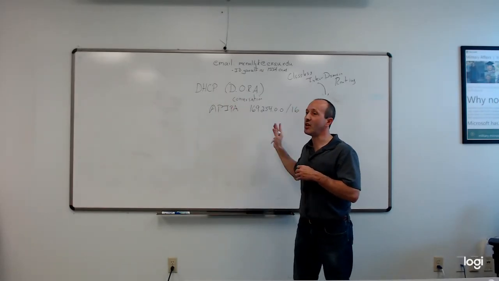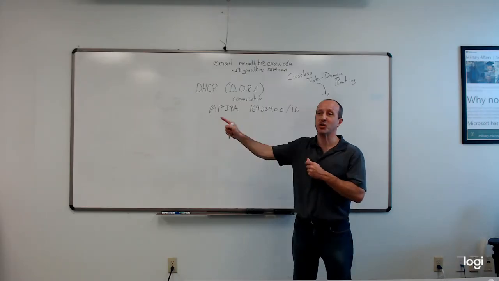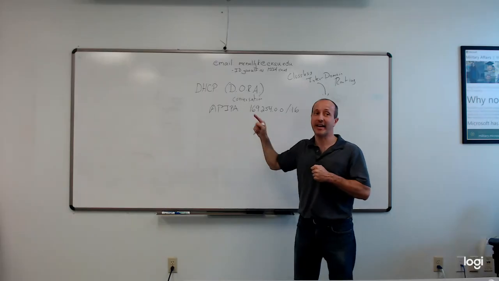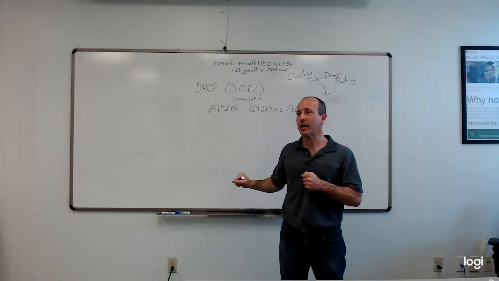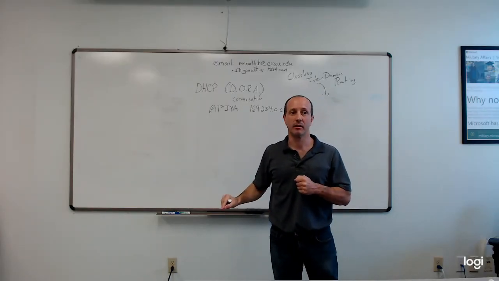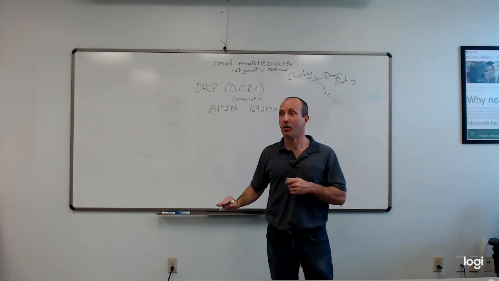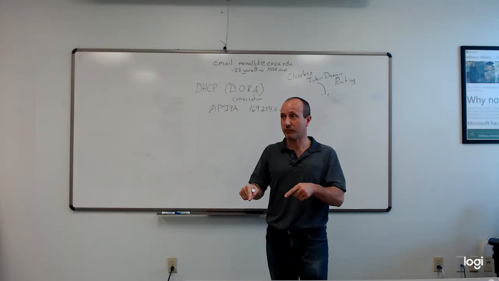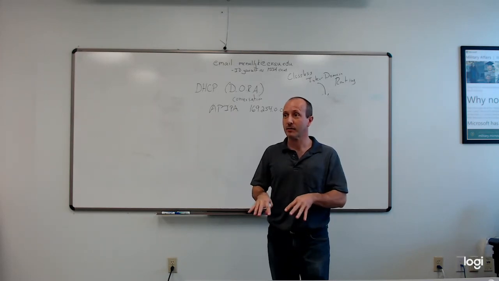If you pull up the IP config and you see nothing, it's not configured for this, and no static IP address was given. So if you don't see anything at all, it's configured for static IP addressing. That means you need to go in there and give it an address.